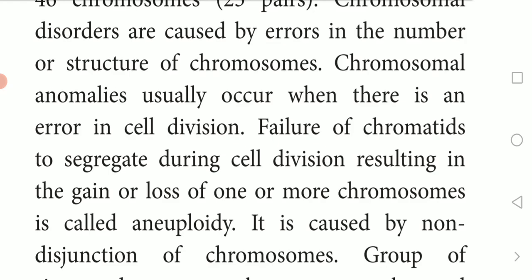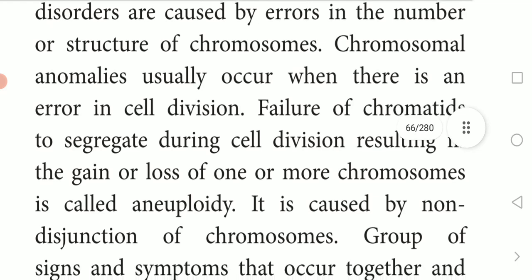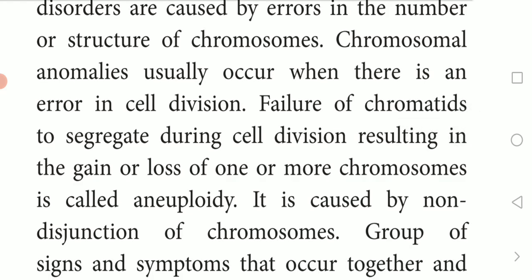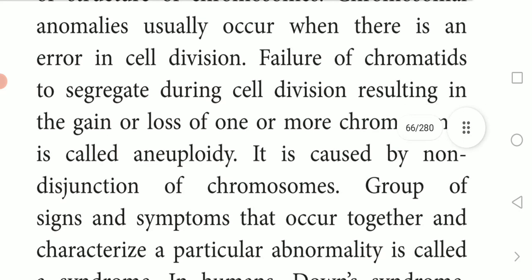Maybe one chromosome less will be there, maybe one extra chromosome will be there. That is what we call aneuploidy. It is caused by non-disjunction of chromosomes.